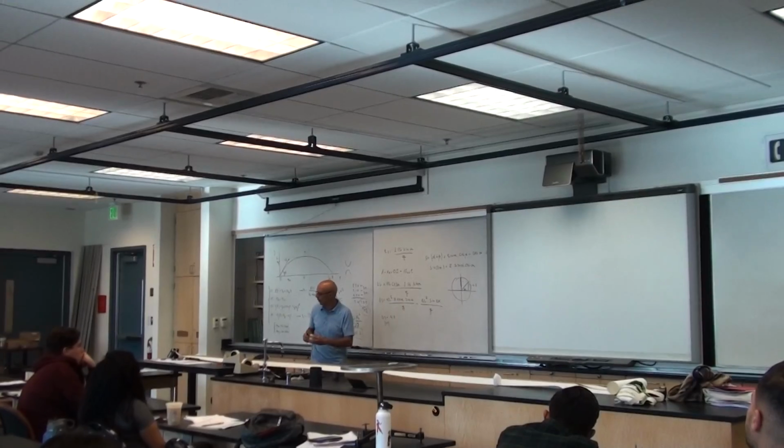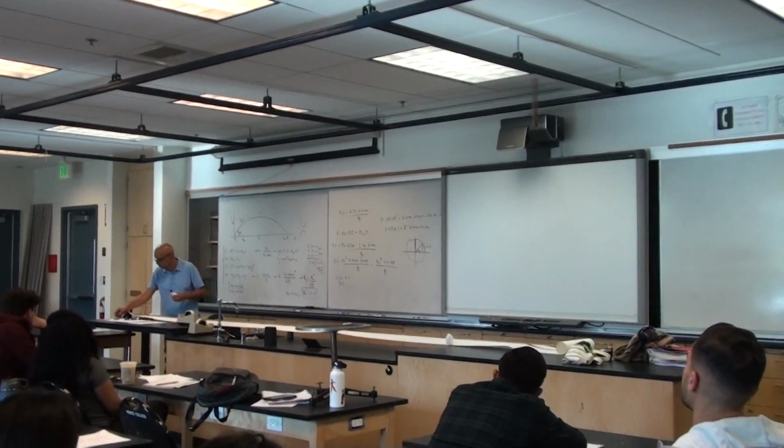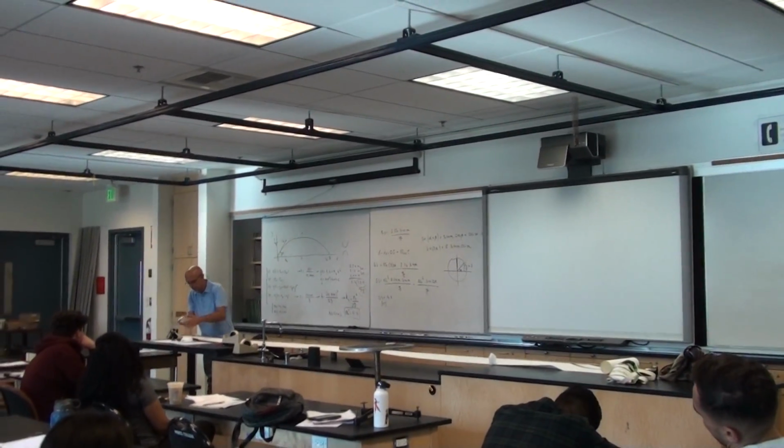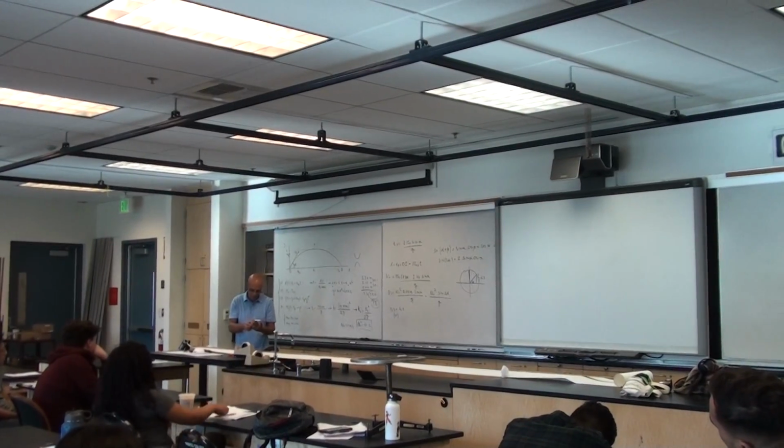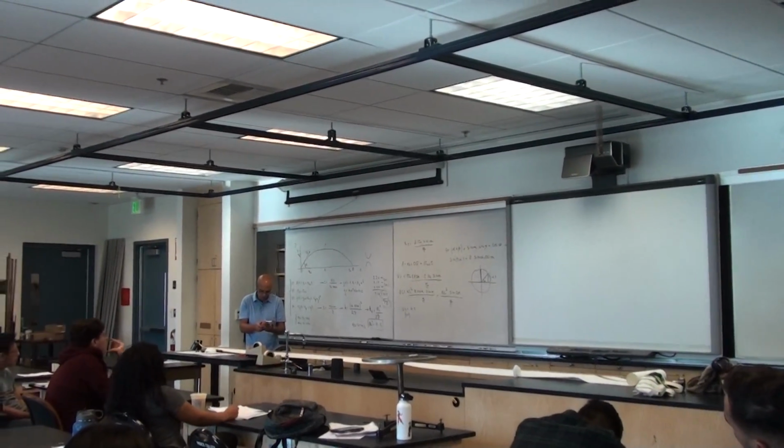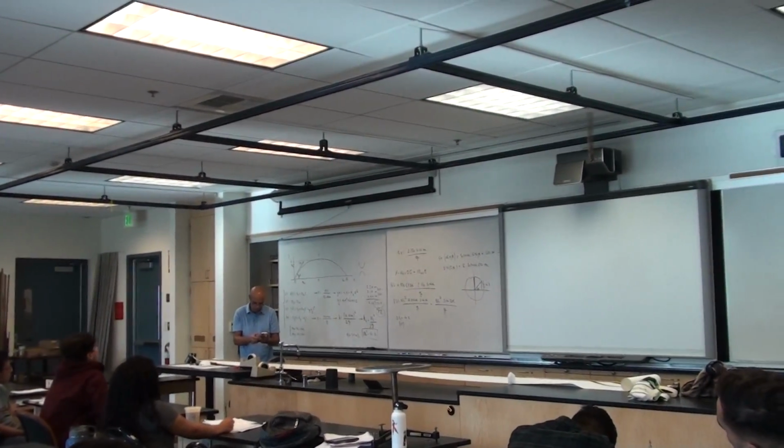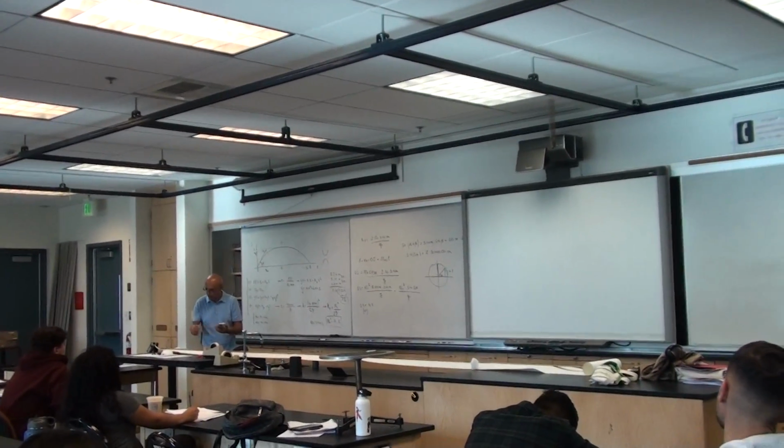So let's figure out how much is 9%. 9% times 4.2 makes 37 centimeters.